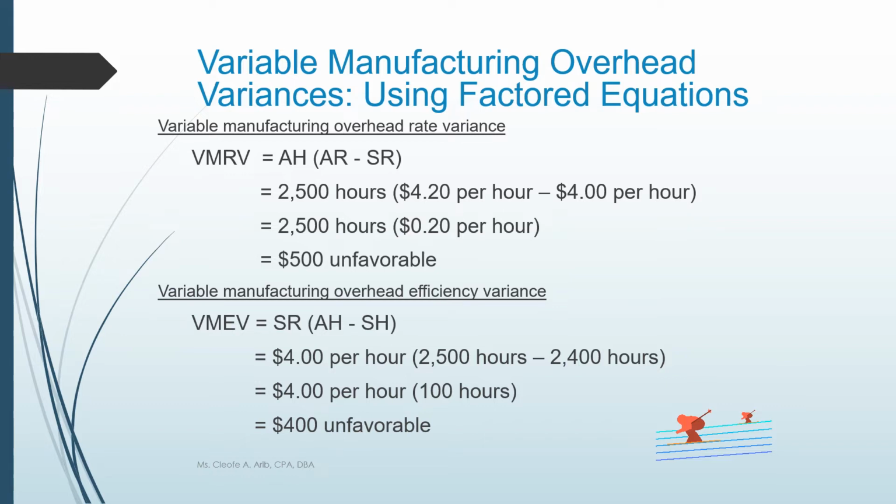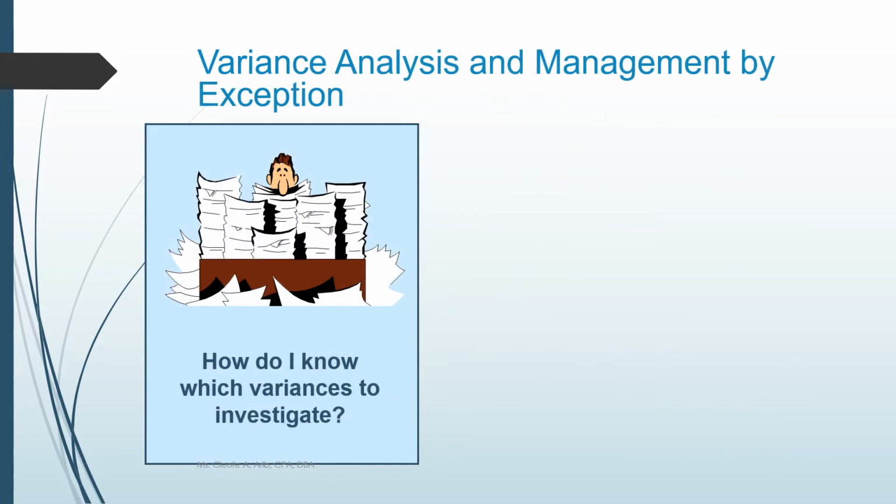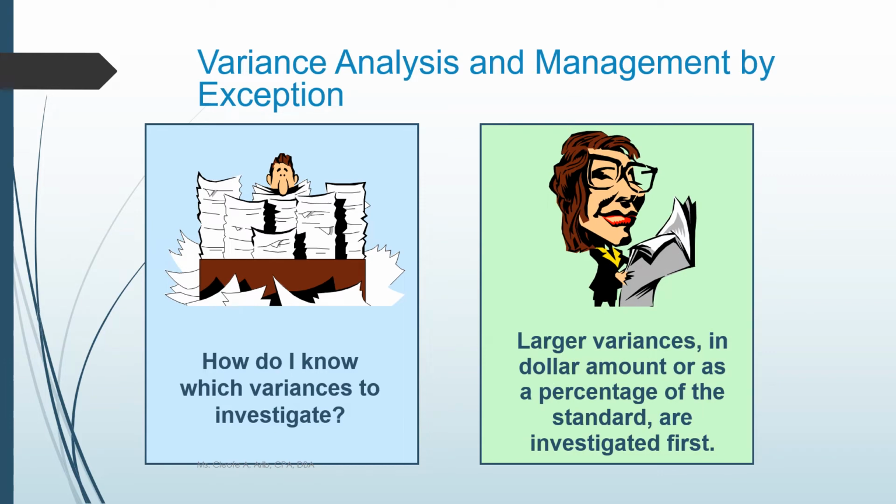So kindly go over them and you will notice that the variances are exactly the same no matter what method you use. At this point, we have already computed six variances: two for materials, two for labor, and two for your variable manufacturing overhead.